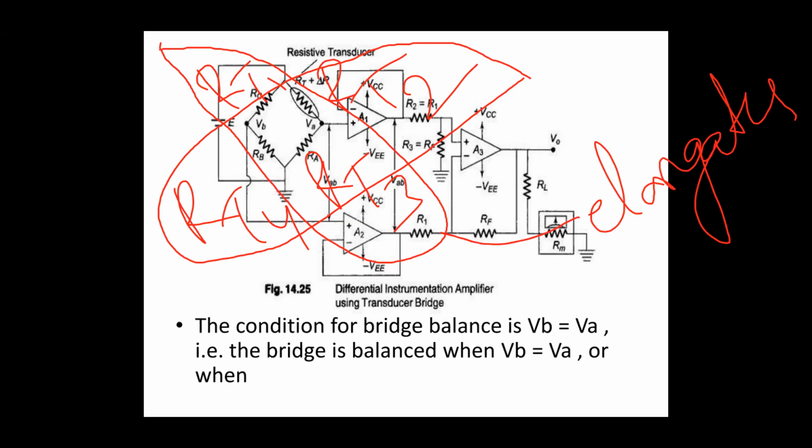RT1 and RT3, that is one pair, elongate, so both resistances increase. The other pair, RT2 and RT4, is going to be compressed, so the resistance in RT2 and RT4 decreases, or it may be vice versa.